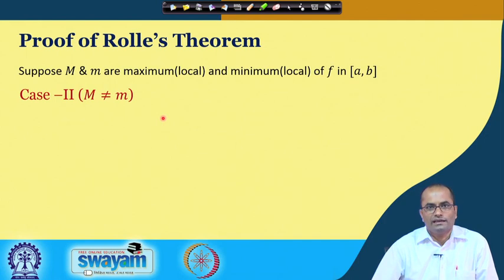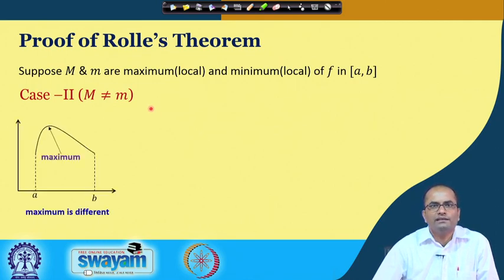Now the second case, when the maximum value of the function is not equal to the minimum value of the function. In this case we will consider three situations. The first one, let us assume that the maximum value, which can clearly be observed here, is different from the function value at a and b.